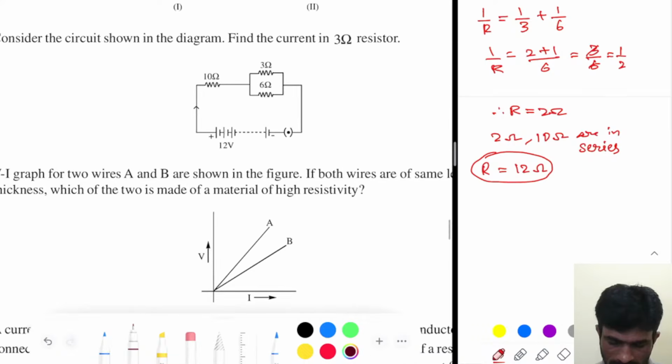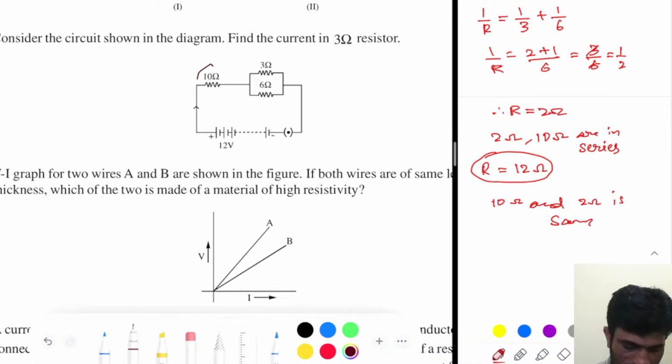Now we find out the current. The current through 10 ohms and 2 ohms is the same because they are in series.